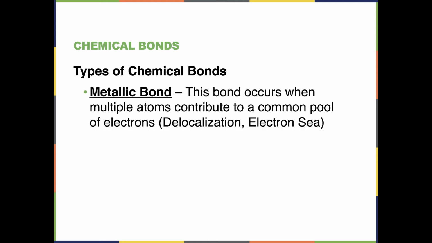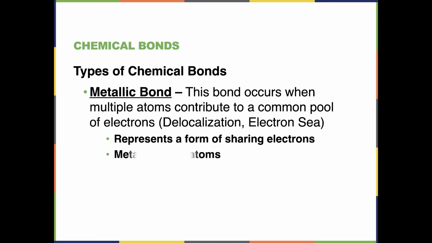The last of the bonds that I want to mention is the metallic bond. And a metallic bond occurs between two metal atoms. Generally what happens is the two atoms come together and donate a pair, one or two electrons, to something called an electron sea. And this is a form of sharing, but it's a much freer sharing in that it's not just between two atoms, but it's between all the atoms that are represented in the substance.